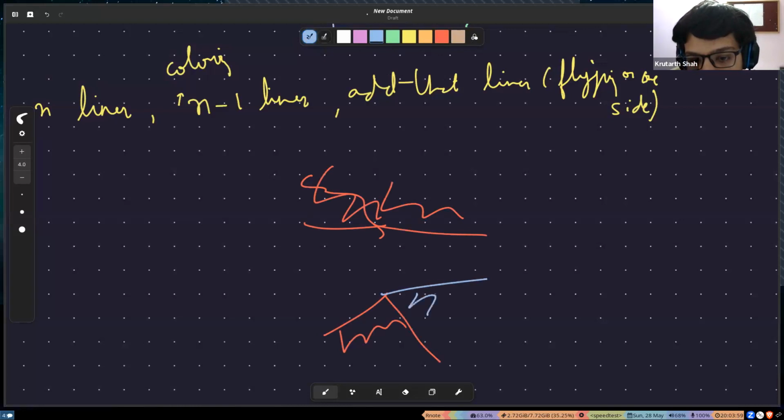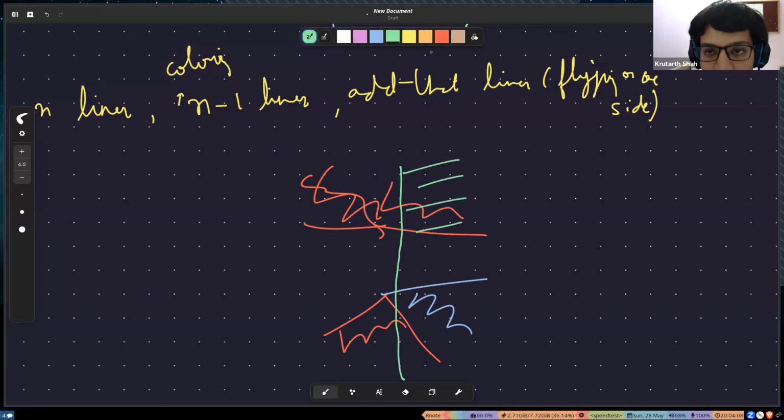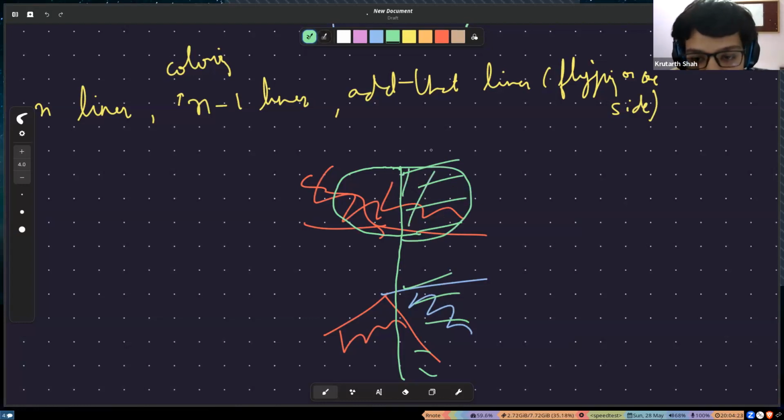And if I add this one line, I will just flip these colors, right? And the regions near this line would never contradict the assumption because we are flipping this, right?